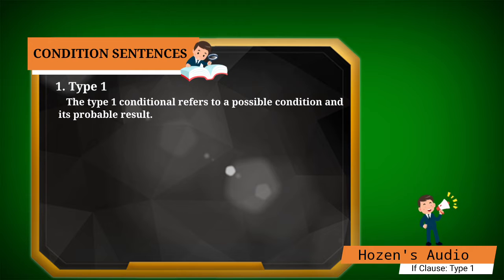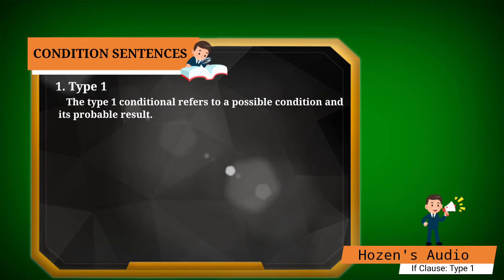These sentences are based on facts, and they are used to make statements about the real world and about particular situations. And the time of type 1 is the present or future.